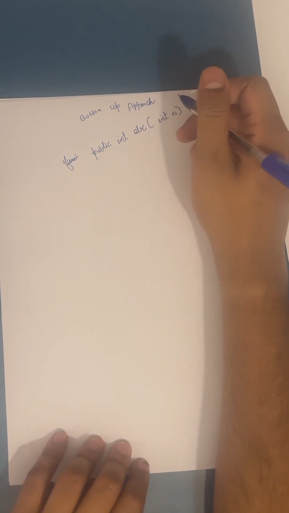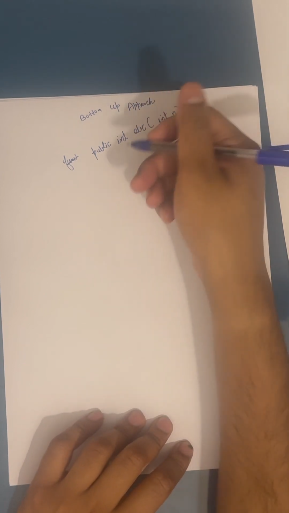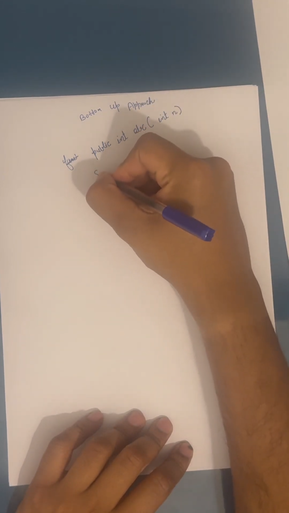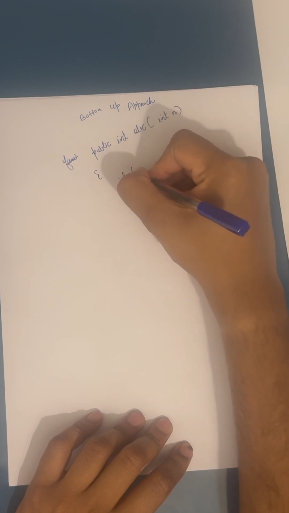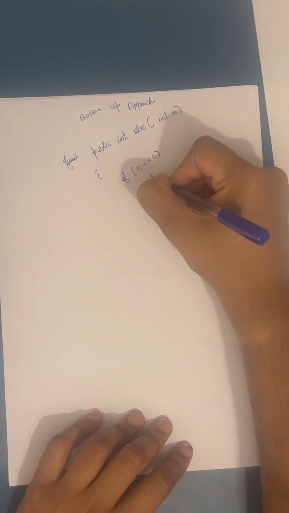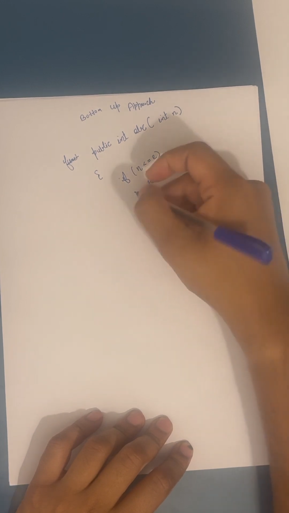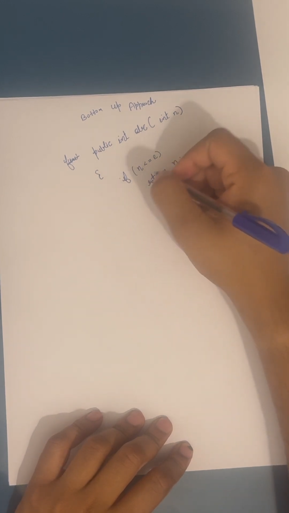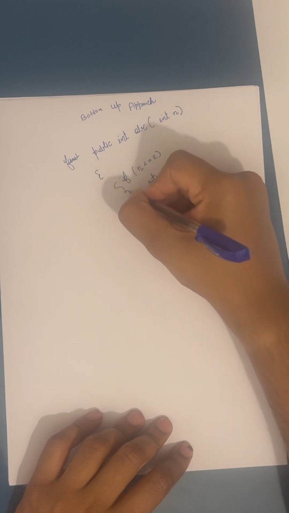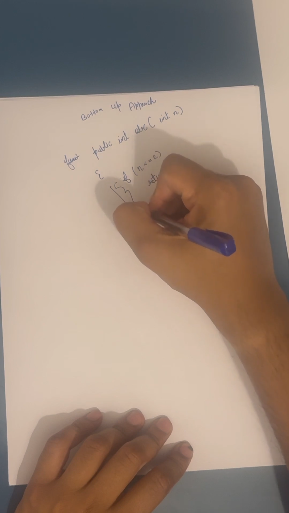Firstly, you will apply your base condition, which is the same condition. If n is less than or equal to 2, you will return n. This is your if.